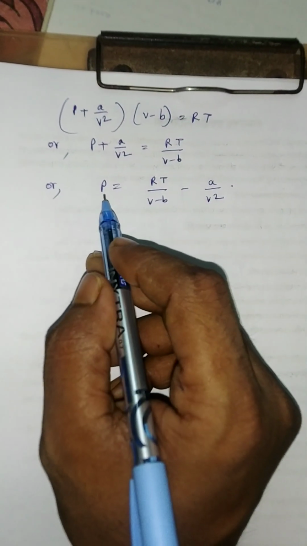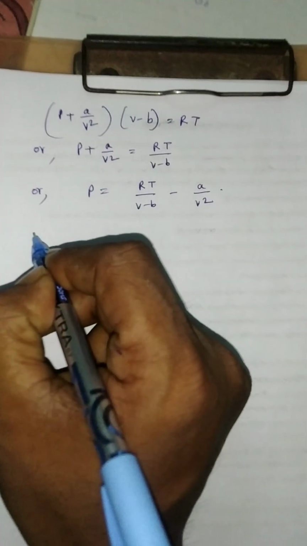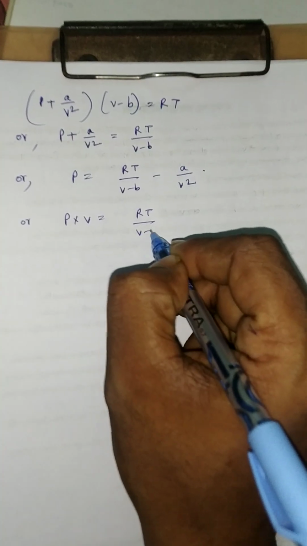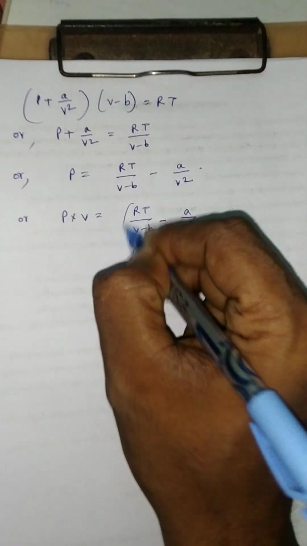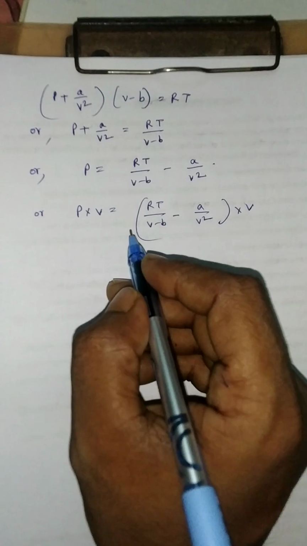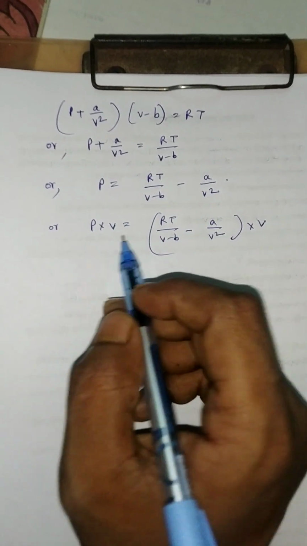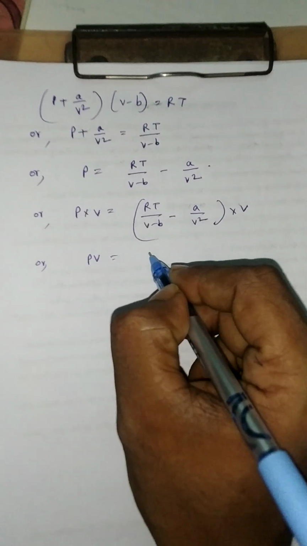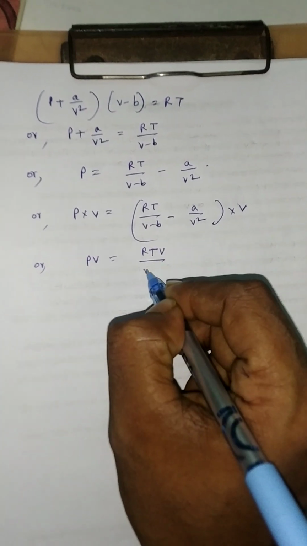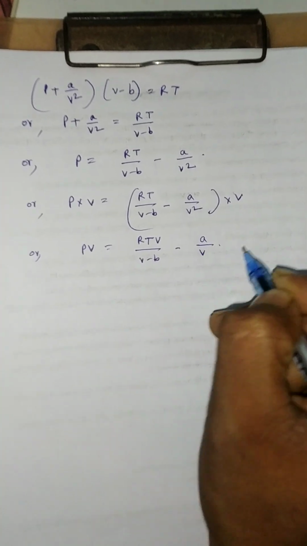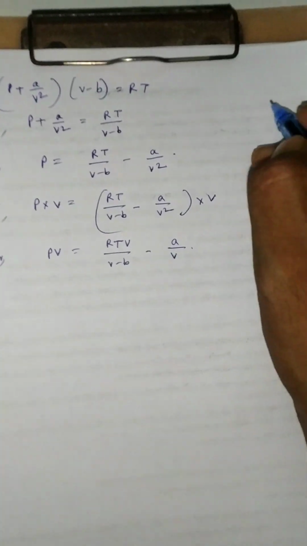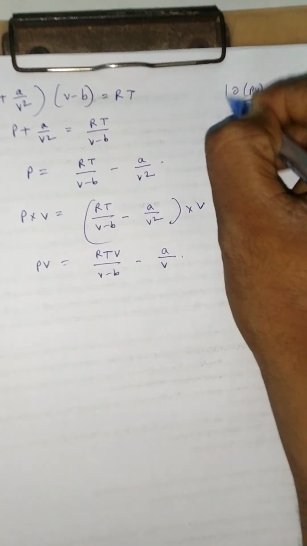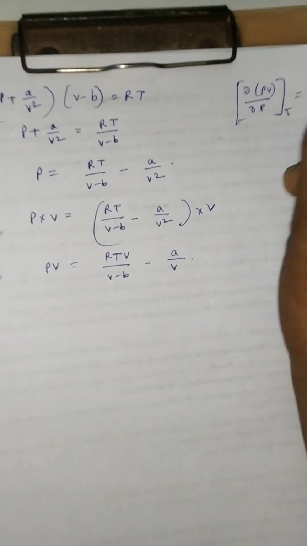Next, we will multiply this equation both sides by V, or P into V equals RT by V minus b minus a by V square into V. Multiplying both sides by V, we will get PV equals RTV by V minus b minus a by V. Next our aim is to get del PV by del P at constant T equals to 0.